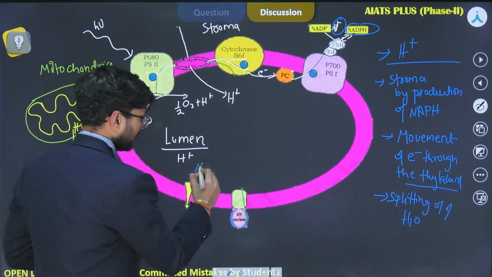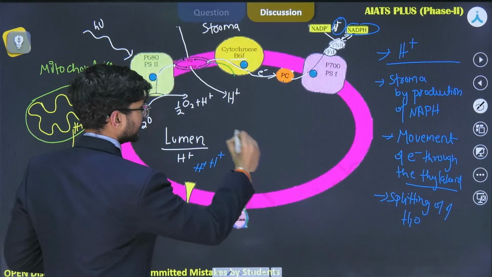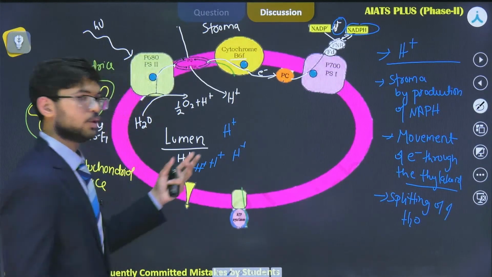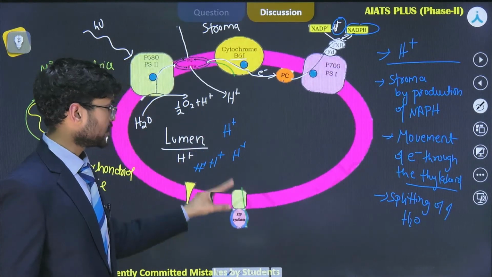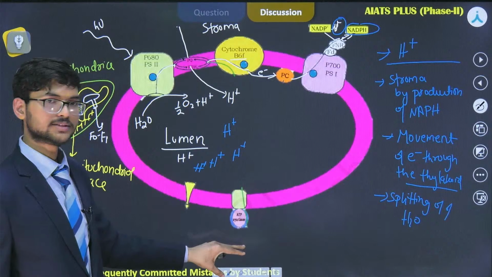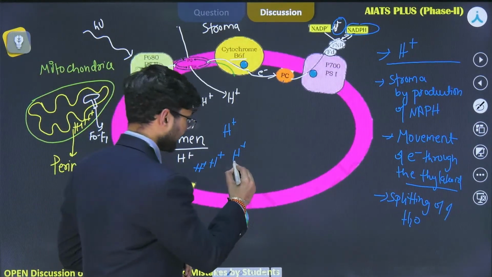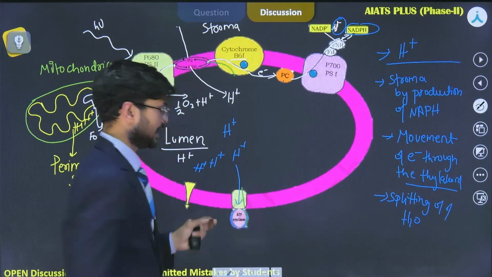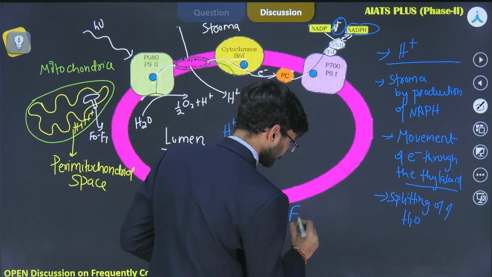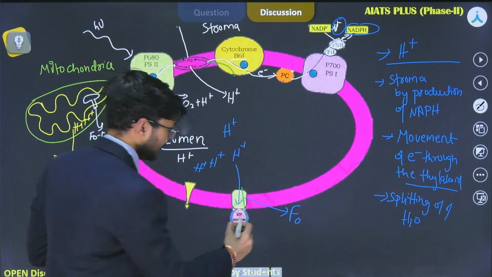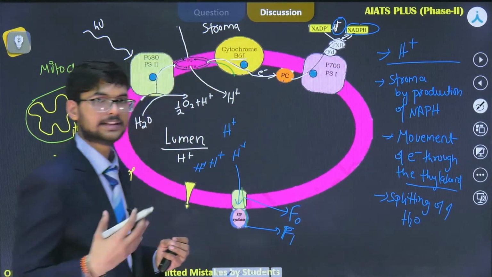After this concentration gradient builds up, the hydrogen ions will move from high concentration in the lumen to low concentration in the stroma, and this transport is through the integral membrane protein called CF0, while this is the F1 portion of ATP synthase, which has ATP synthase activity.